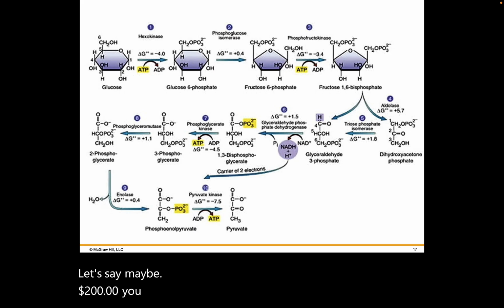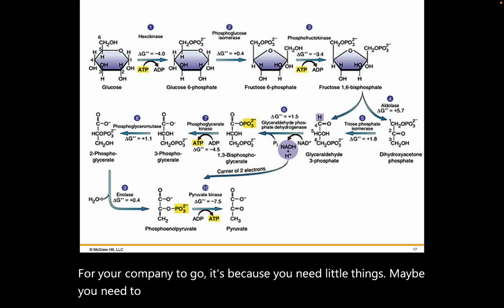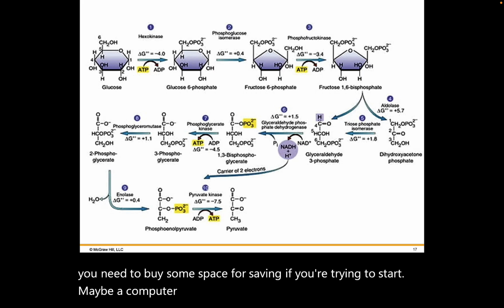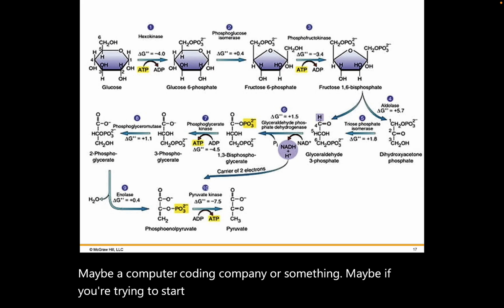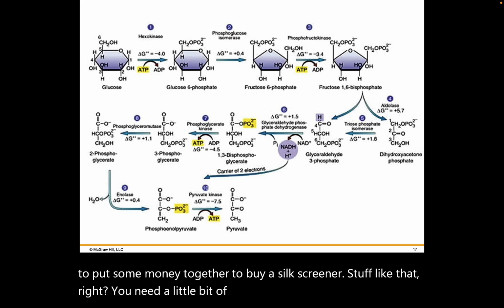It's because you need little things. If you're trying to start a t-shirt company, you need to put some money together to buy a silk screener. Stuff like that, right? You need a little bit of money to get things started.